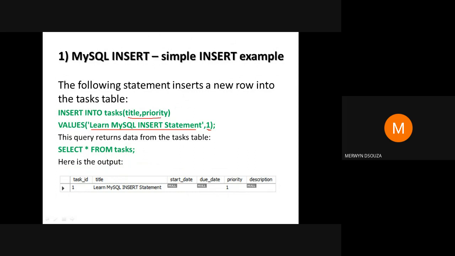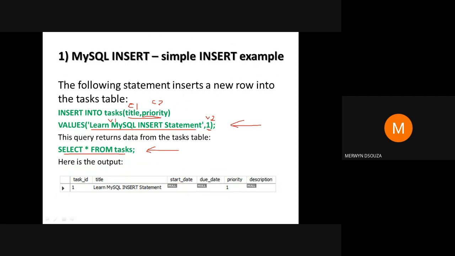These are the column names, C1 and C2, and these are the values V1 and V2. This is just as per the syntax that you have studied. After you have performed the insert operation, you can see the data by using the select statement.